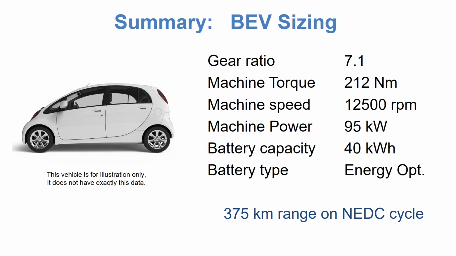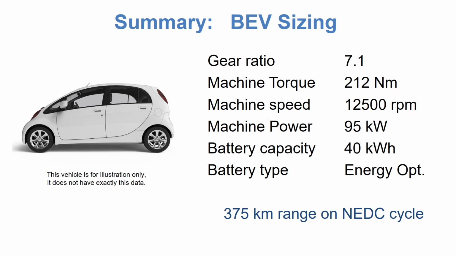So, let's conclude both battery sizing and the size of the electric powertrain for our example battery electric vehicle. To meet the vehicle requirements, the gear ratios shall be 7.1. The electric machine shall have 212 Nm of torque, a maximum speed of 12,500 RPM, and a maximum mechanical power of 95 kW.